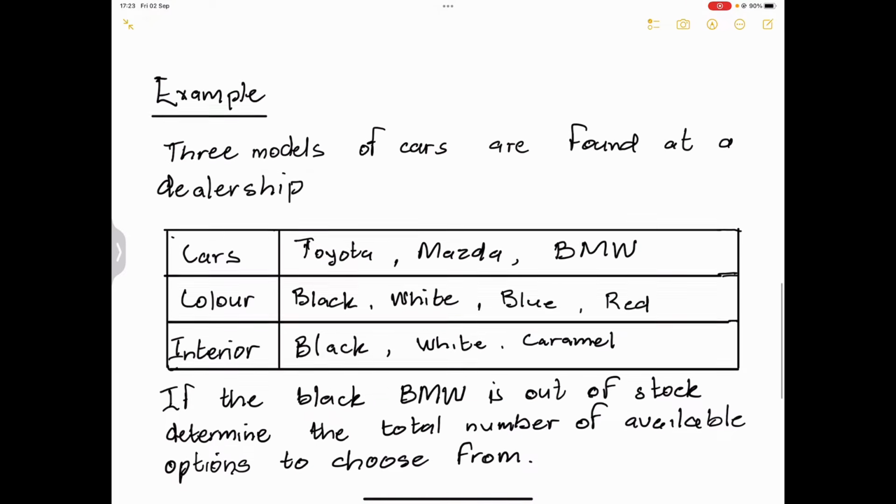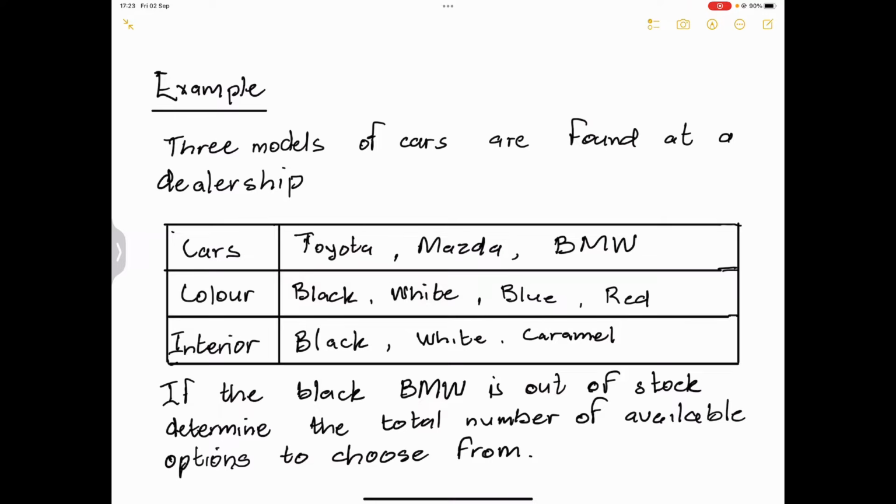Let's take, for instance, where we've got 3 models of cars found at a dealership. We've got a Toyota, a Mazda, and a BMW. And you can choose any color between black, white, blue, or red.